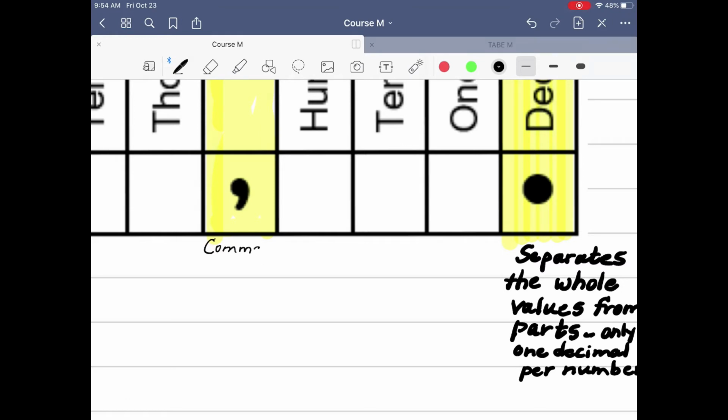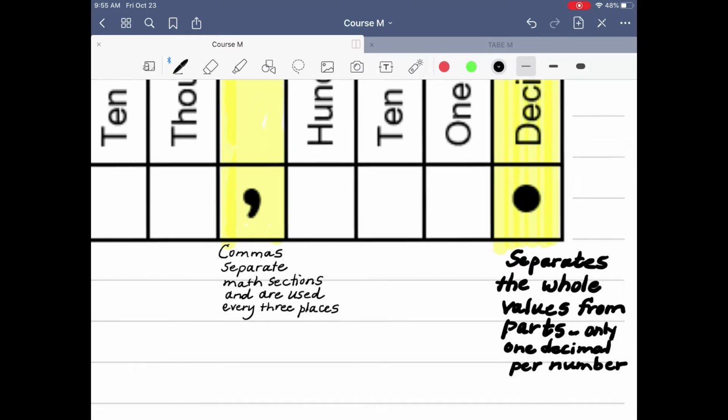Commas separate math sections, and are used every 3 places. So you can have many commas in a number, but only one decimal.